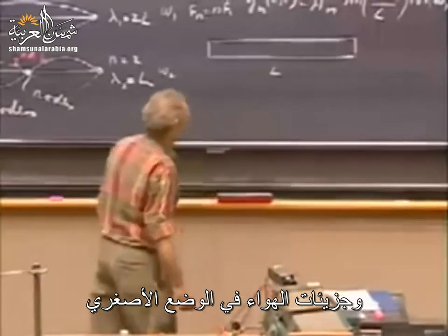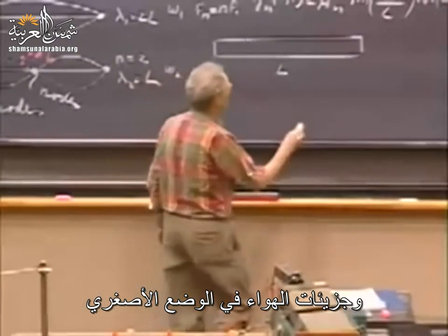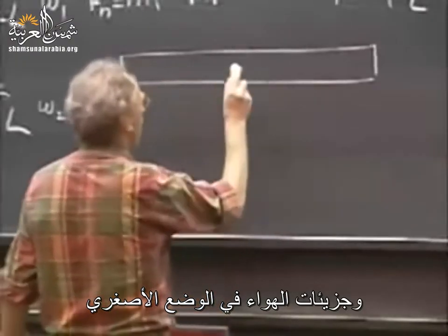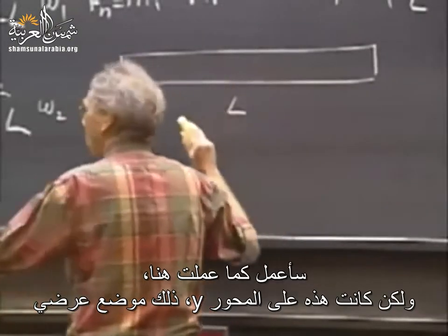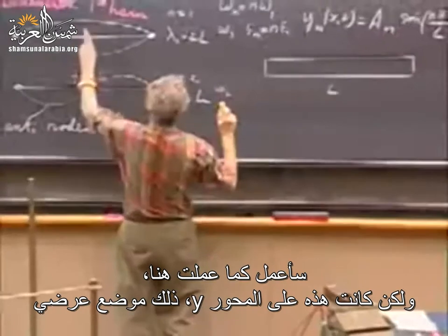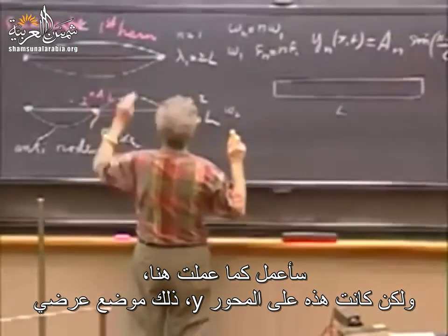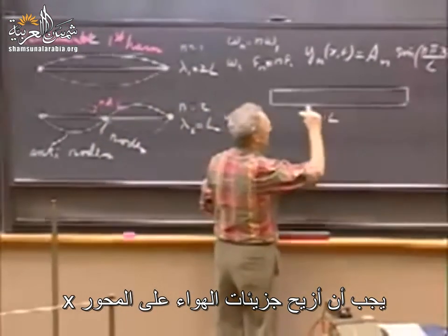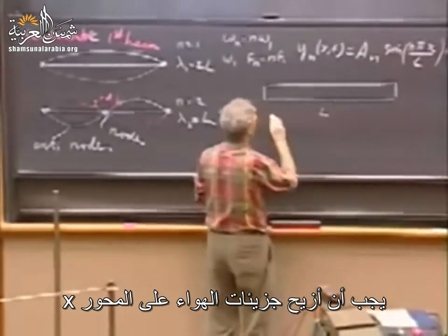In the lowest mode, all I have to do is what is here in the y direction, that is a transverse position, I now have to offset the molecules of the air in the x direction.